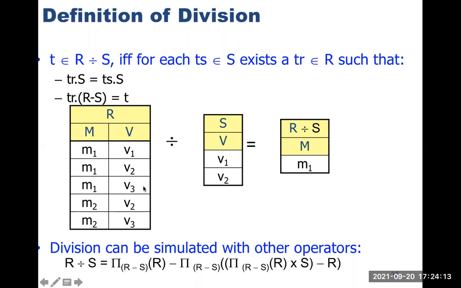And V3 is not considered, and M2 doesn't go to the result as it has V2 but doesn't have V1. So division can be simulated with other operators, and it's not frequently used as an operation, as an operator for division.